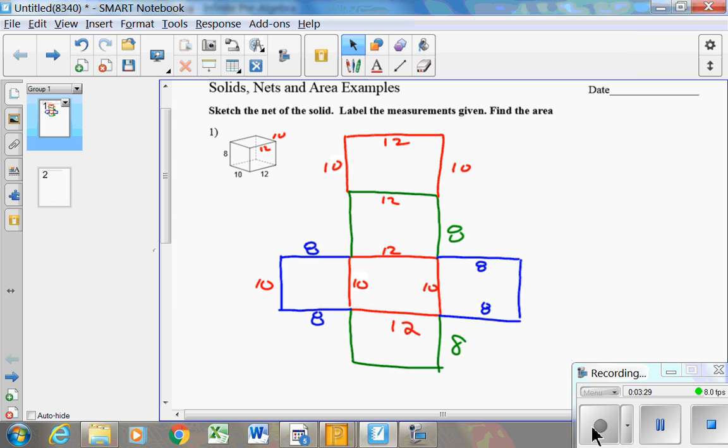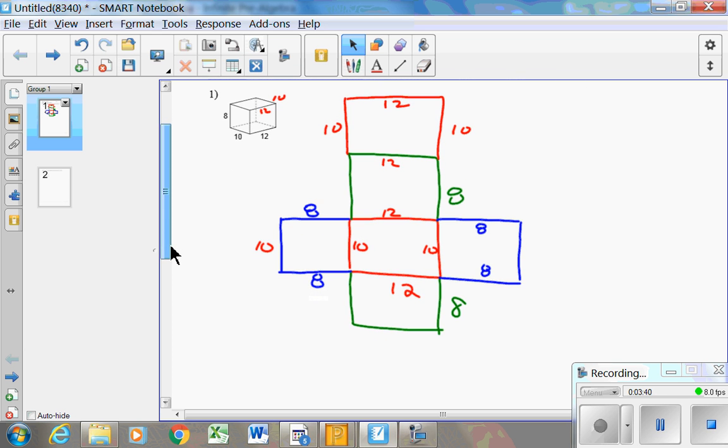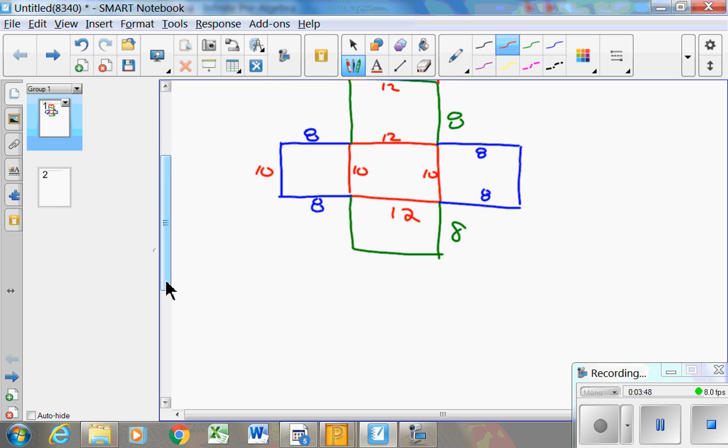So that's called drawing the net of the solid. The next thing we're supposed to do is to take this and find the area of all of these rectangles. So I want to find 2 red areas, 2 green areas, and 2 blue areas. If you remember the pattern for finding the area of a rectangle, the area is length times width, or base times height.